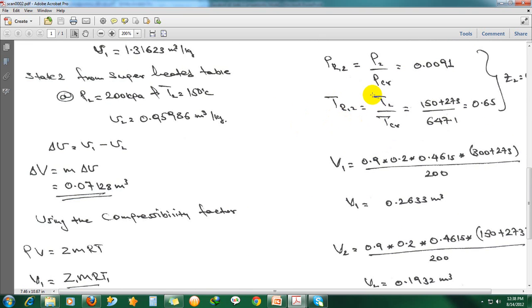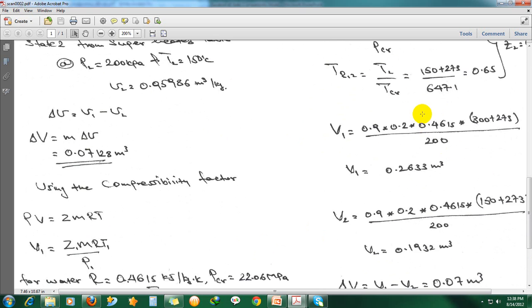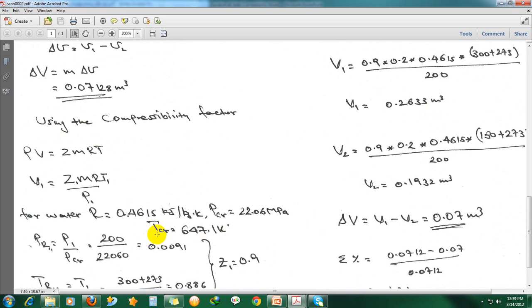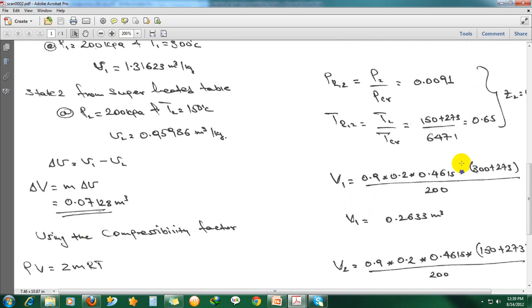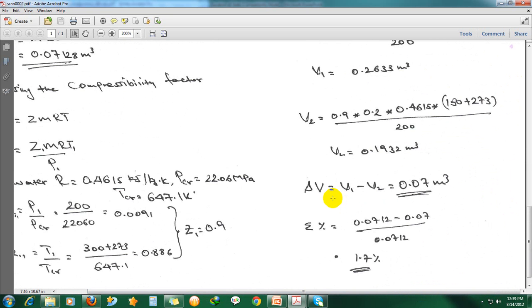TR2, again from the given temperature, is T2 divided by T critical. The given temperature in state 2 is 150, so we have to convert it into Kelvin, and T critical for water is read from the table. Then using these two parameters, Z2 is around 0.98.